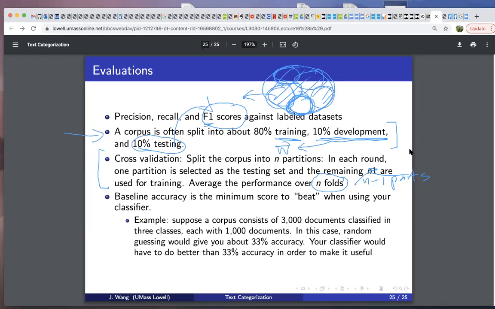And there's another concept called baseline accuracy. It is some kind of a minimum score, some kind of a goal I need to beat, right? So this is a minimum score to beat when using your classifier. Let's say somebody already came up with some classifier, and they have some F1 score. Now you're saying that your classifier is better.